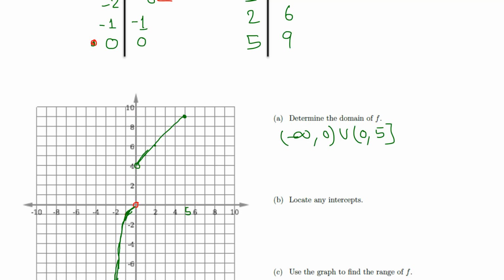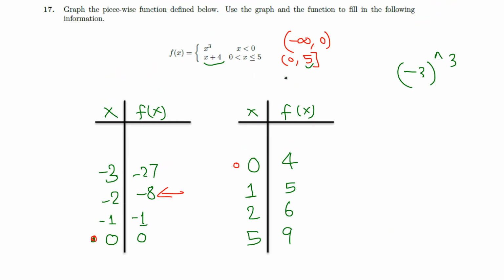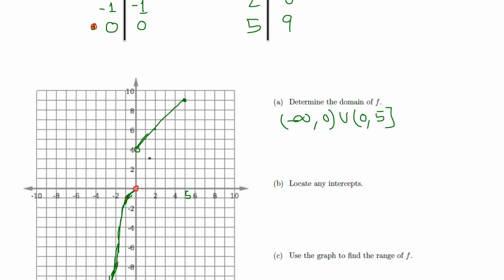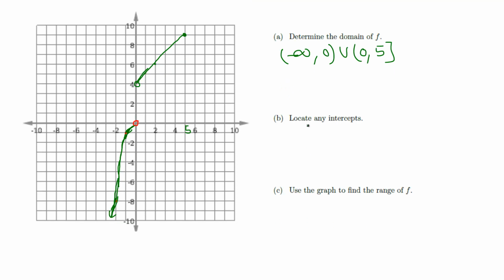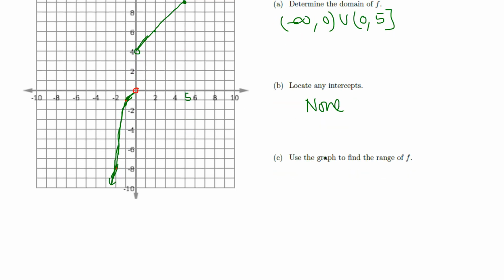Okay, we can check that. If we go up here, it's up to 5. So negative infinity to 0, union 0 to 5. 0 is not included in either of the curves. Okay, that's the domain. Now any intercepts. Look, this graph does not intersect the x-axis because we have a circle, and this graph does not intersect the y-axis either, so none. No x-intercept, no y-intercept.